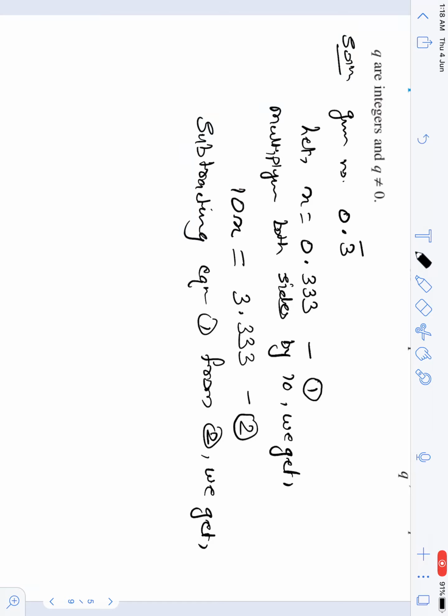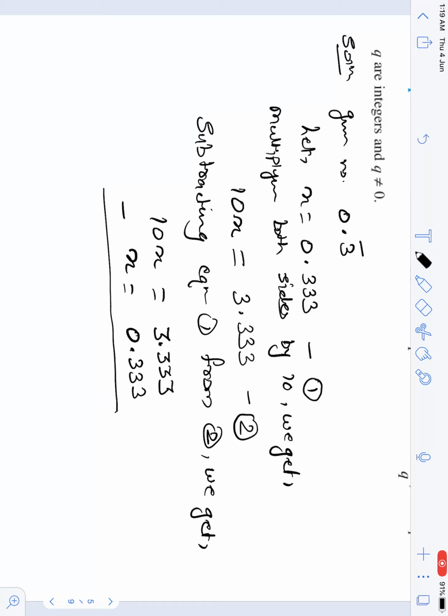So we get 10x equals 3.333 minus x equals 0.333. You have to take care of these decimals: the numbers should be written decimal below decimal.